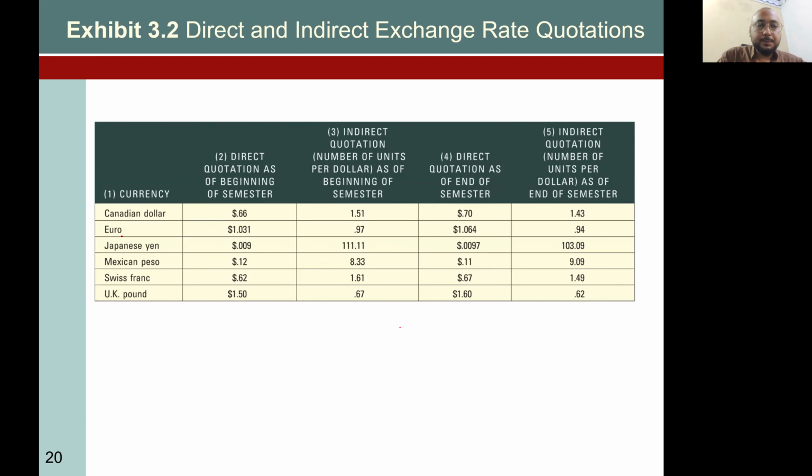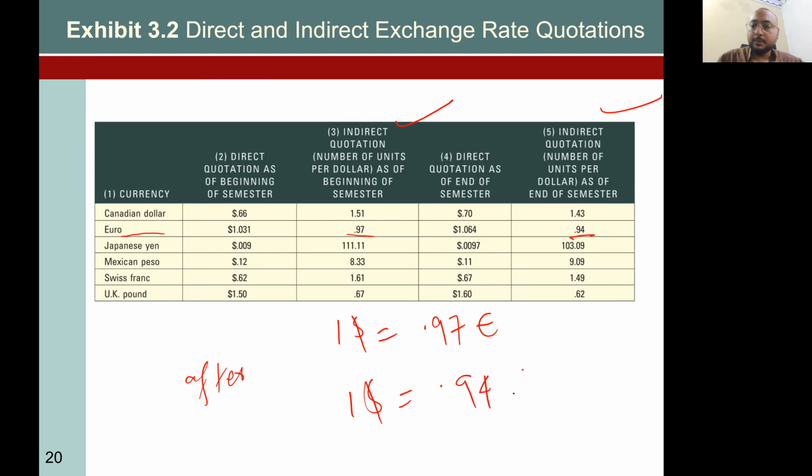So euro here, indirect quotations. So $1 is equal to 0.97 euro. And after 4 months, $1 is equal to 0.94 euro. Now you tell me, is the dollar appreciating or depreciating?